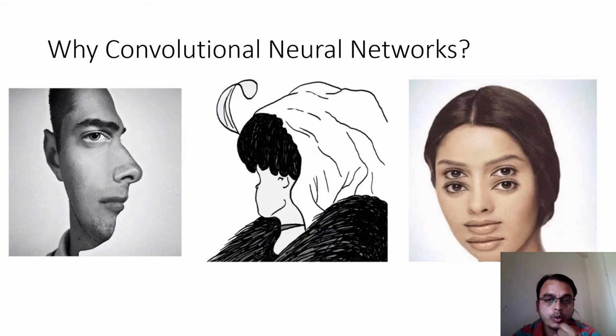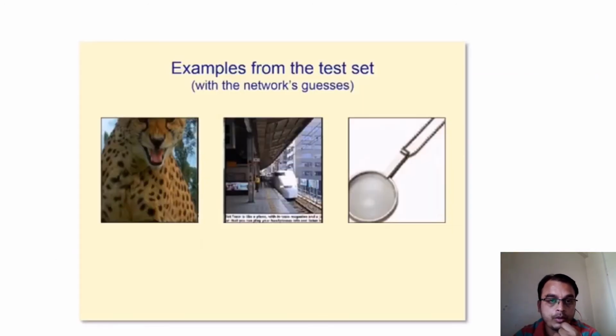Even though I have trained my models with machine learning, due to such complicated images, it is not able to predict properly. Now, examples from the test set. If I go with the normal images, in the first image it is a cheetah, in the second image this is a train with some particular area, and in the third image you are definitely not going to understand it. Whether it is a stethoscope, a telescope, or a lens, you are completely unaware.